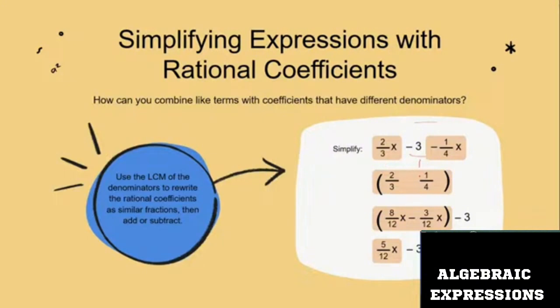Okay, so we're going to multiply everything by 12. So 2 over 3 and 1 over 4, the lowest common multiple would be 12. So to convert now 2 over 3 as a fraction of 12, how many 3's are in 12? 4. So to convert this denominator to get 12, we need to multiply by 4.